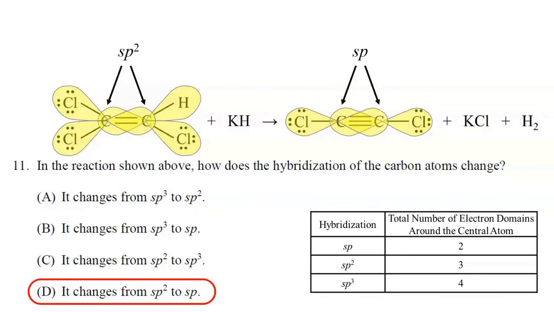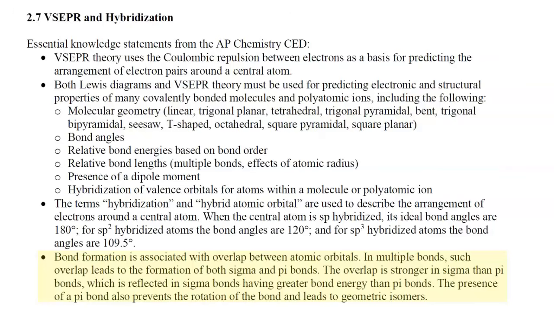Now, before we take a look at question 12 in this packet, I'd like to highlight on this slide the final essential knowledge statement from the AP Chemistry course and exam description for topic 2.7. And this essential knowledge statement has to do with the concept of sigma and pi bonds. It says, bond formation is associated with overlap between atomic orbitals.